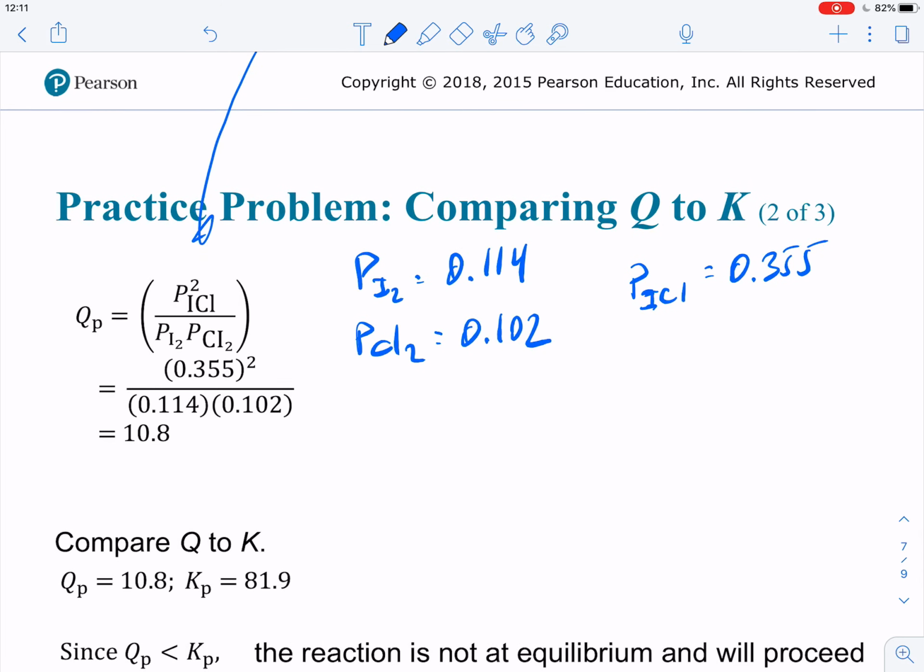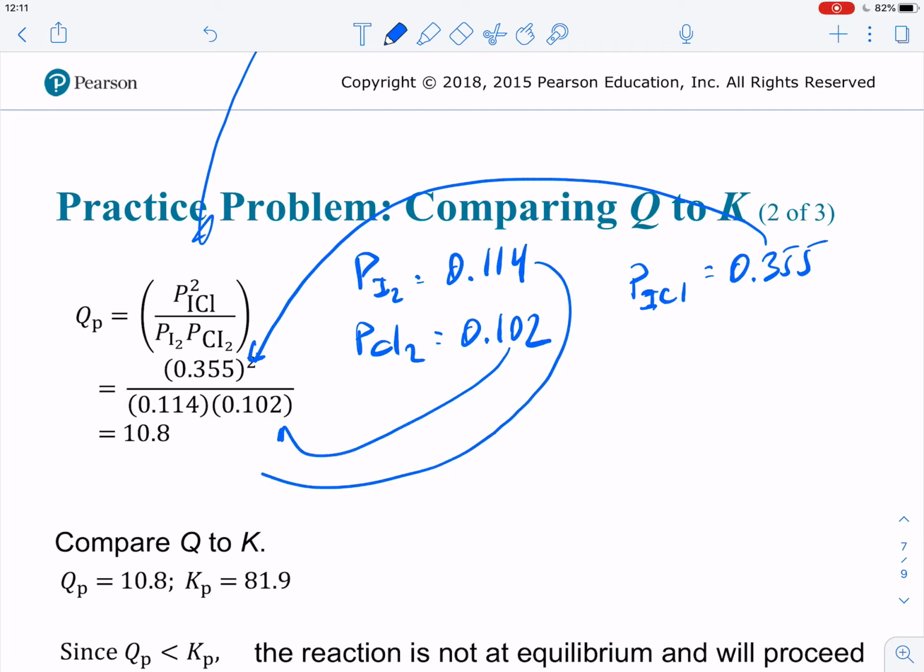So this value goes here, this value goes here, which is the pressure of Cl2, and this goes here. When you obtain that value, Q is equal to 10.8.